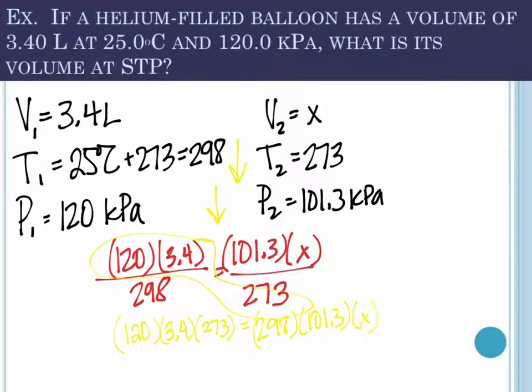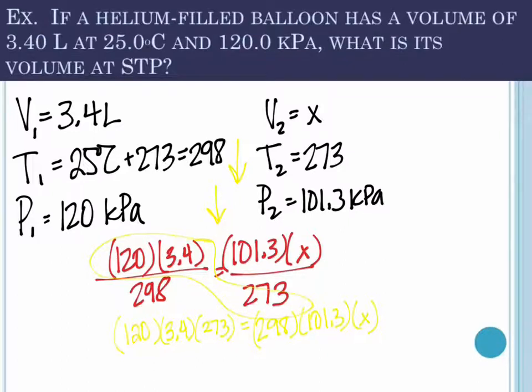And we get X. In the calculator, you put all 3 of these numbers in there and get an answer. You can put these 2 numbers in there and get an answer and then divide. Or if you like to do it all in one step, this times this times this, divided by, open parentheses, 298 times 101.3, close parentheses.